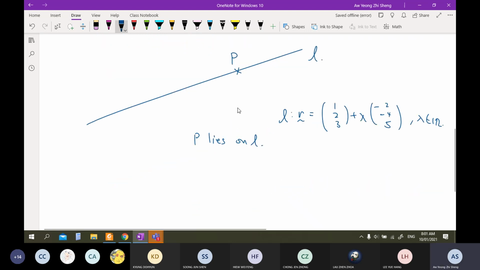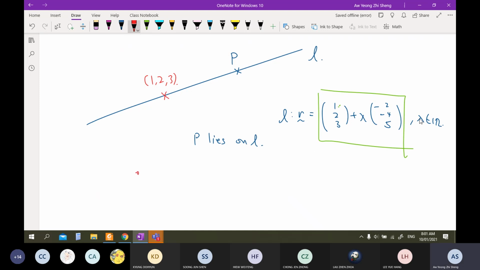But one equation that you can form about P is that you are 100% confident that the right-hand side of the vector equation of the line is definitely able to lead you from O to P. Because 1, 2, 3 must be a point on the line, somewhere along the line.